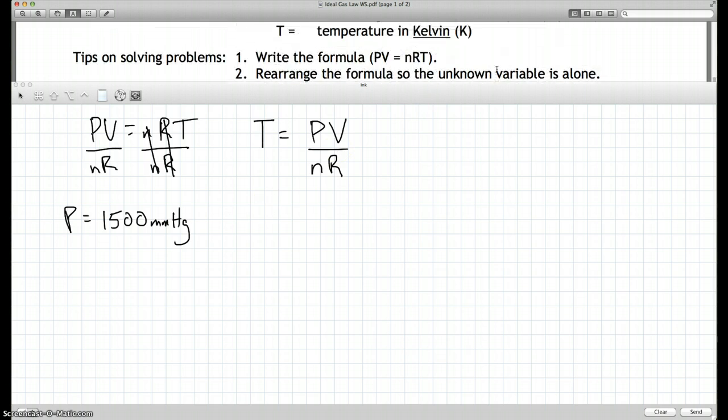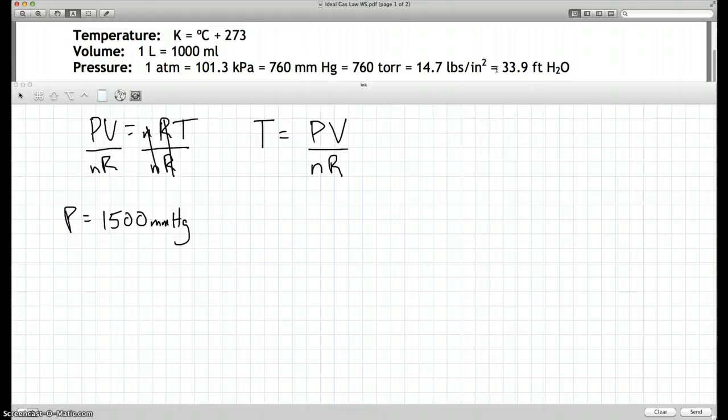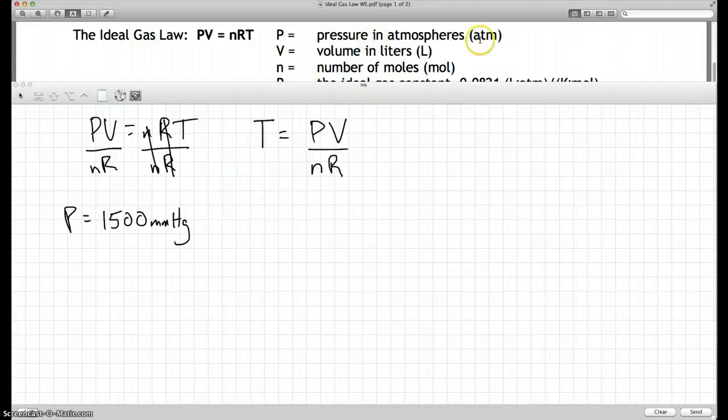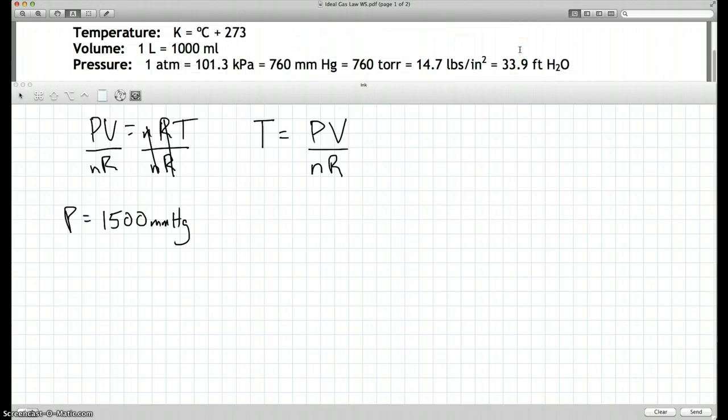So I'm going to go back up here and I can see that, well, pressure needs to be in atmospheres. Right there. Pressure must be in atmospheres. So I'm going to use this and I'm going to do some converting. That's my starting number times blank line, starting unit on the bottom, mmHg. What I'm looking for on top, ATM.